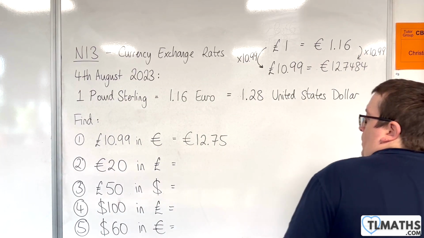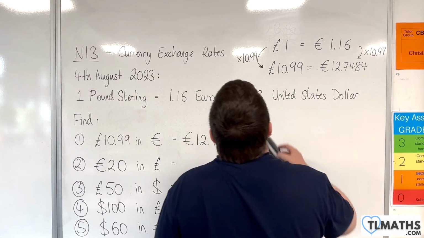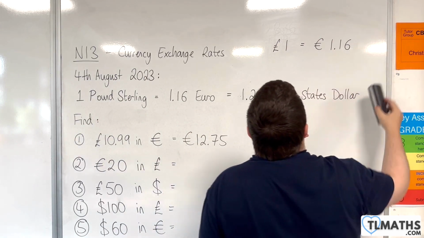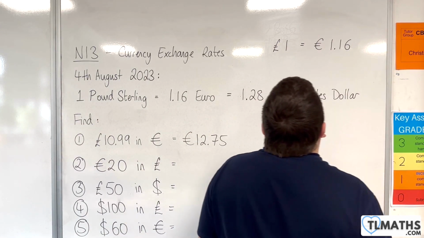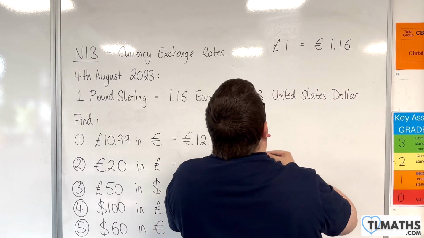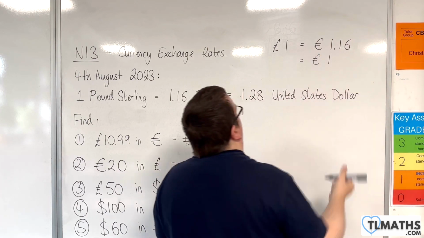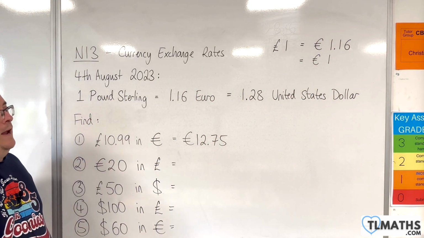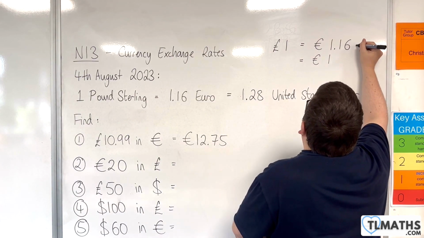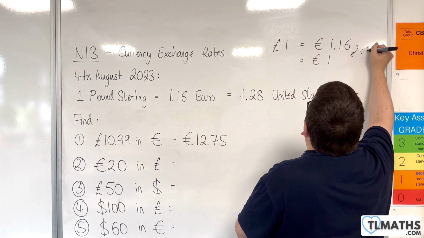So now we want to find 20 euros in pounds. Let's go back to this. £1 we know is 1.16 euros. What I want us to think about is, how can we get to €1? In order to get to €1, I need to divide the 1.16 euros by 1.16.